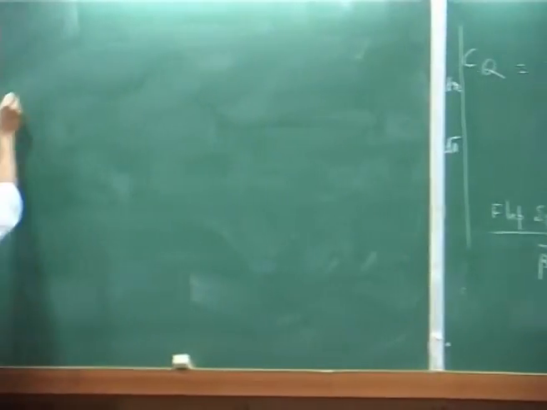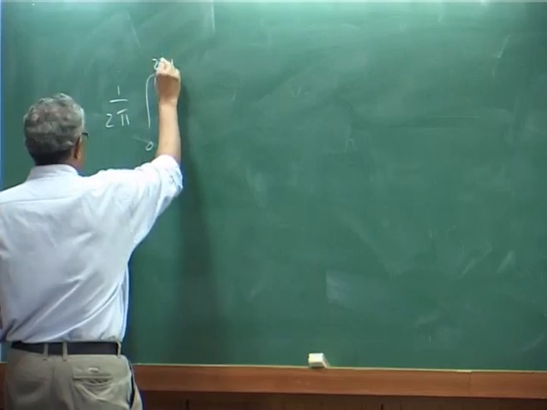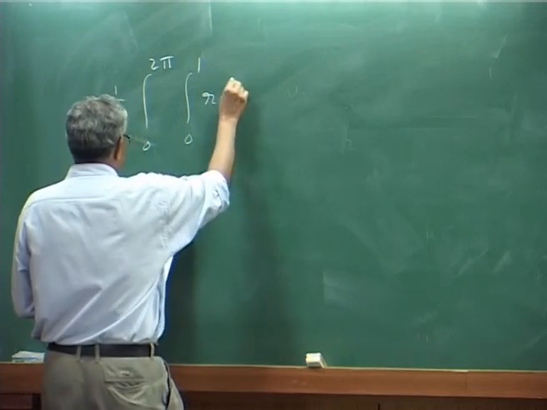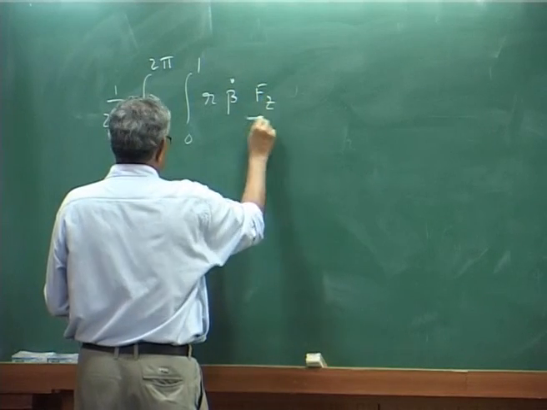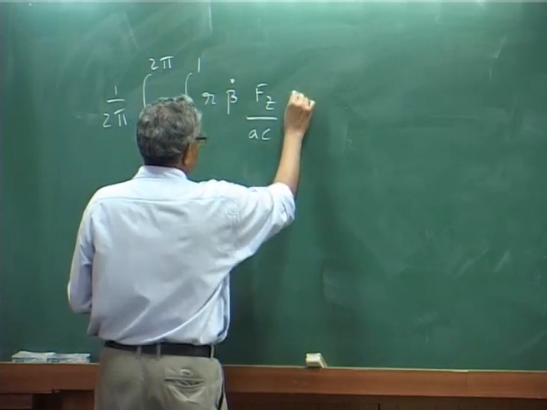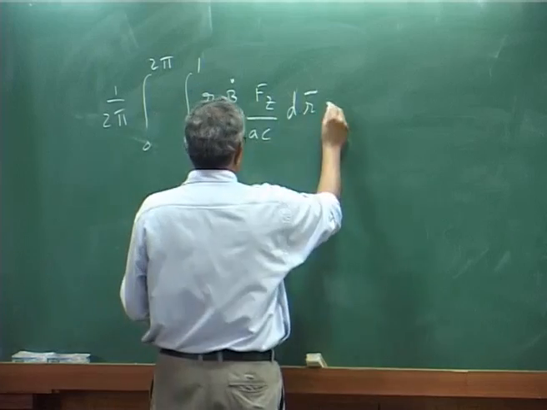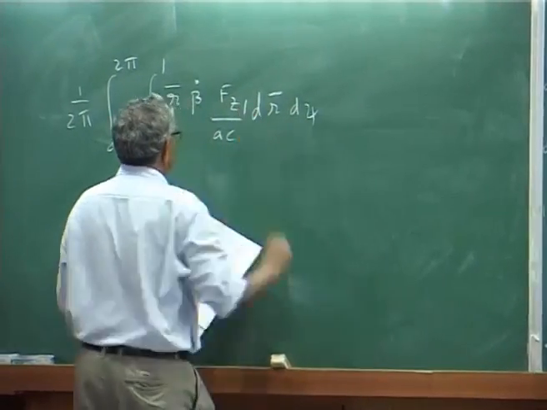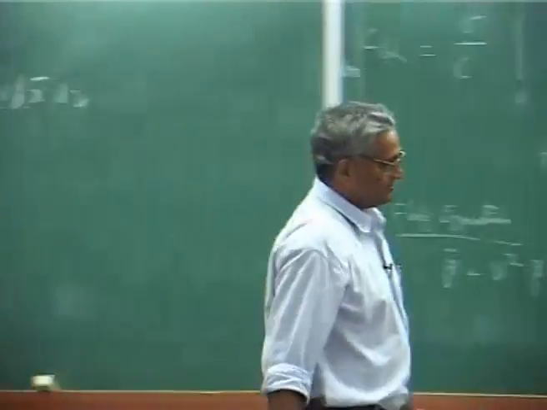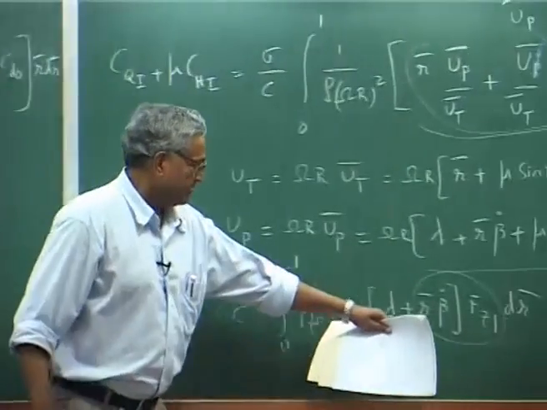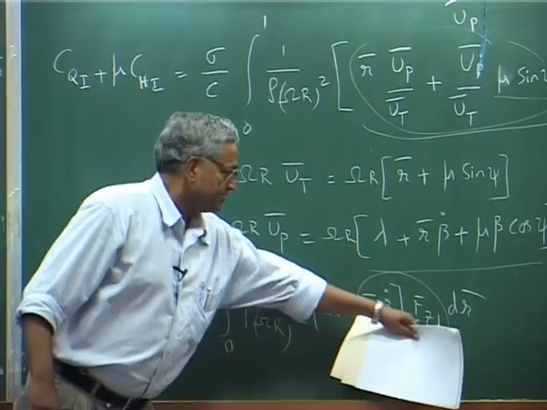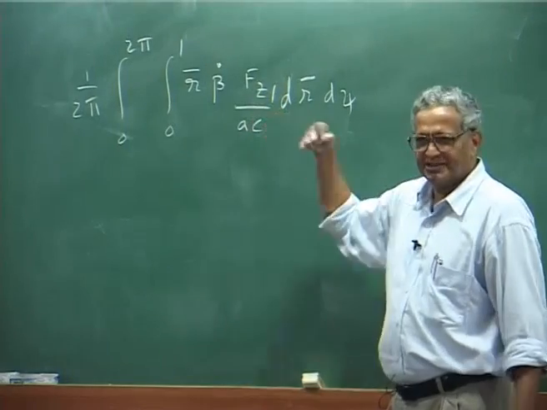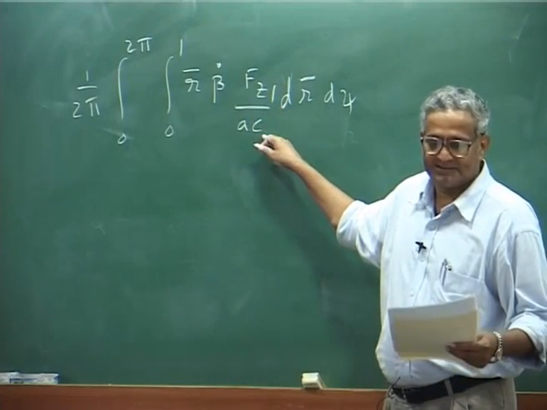I am writing this: I am taking the average integral 0 to 1 of r beta dot f z over a c dr bar d psi. This is what I need, r bar beta dot f z dr, and a c is there because when you take the non-dimensional form, that factor will come.